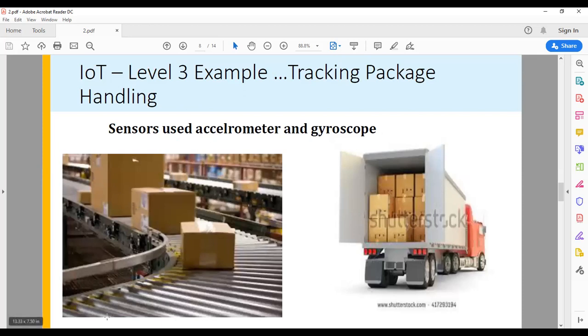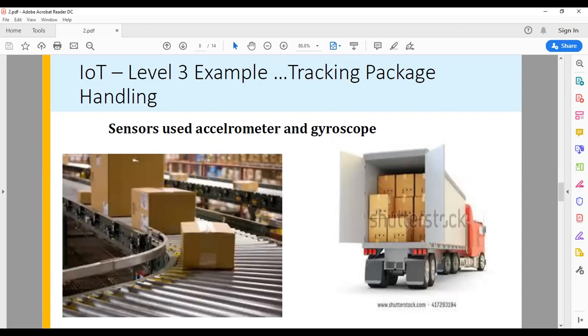This is an airport automation system where packages are loaded to the cargo and delivered to the customers. Imagine that real time tracking is required, the number of packets is large and they are continuously updating the system. So this type of IoT deployment could be done on level 3.